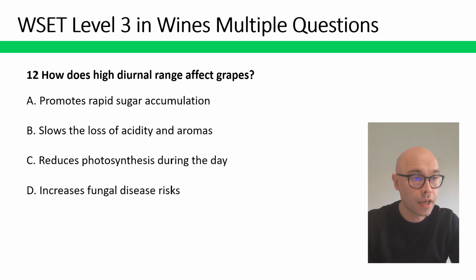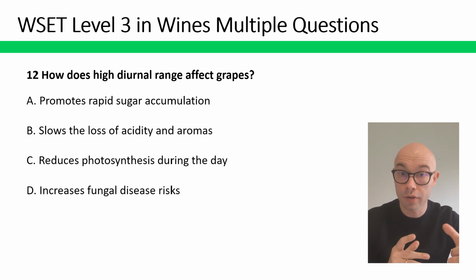How does a high diurnal range affect grapes? It promotes rapid sugar accumulation, slows the loss of acidity and aromas, reduces photosynthesis during the day, increases fungal disease risk. The correct answer is B. It slows the loss of acidity and aromas.